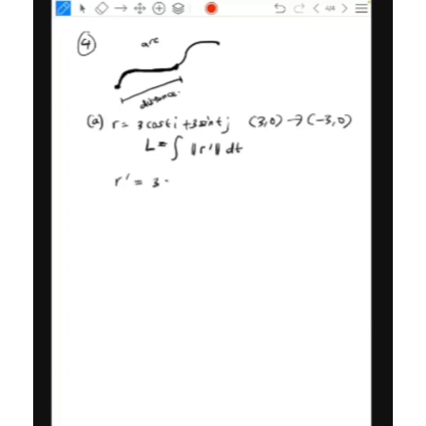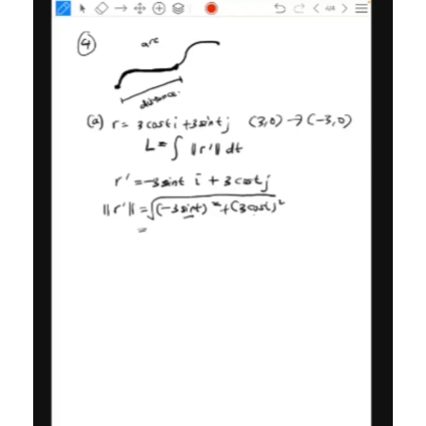So 3 negative sin t, 3 cos t. So the magnitude of R prime will be the square root of negative 3 sin t squared plus 3 cos t squared. You can simplify this one because it has sine squared plus cos squared. So sine squared plus cos squared again is equals to 1. So factorize first.